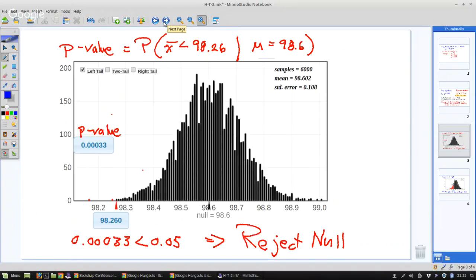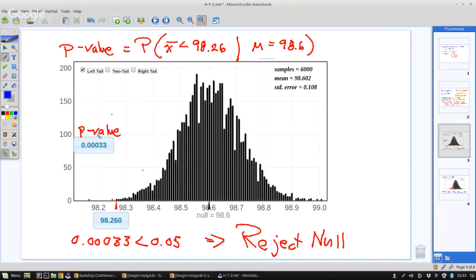One, the center of the distribution is whatever the null hypothesis is, 98.6 in this case. And then the tail is going to be from this. And so in this case, the left tail, so 96 is left of the null hypothesis.